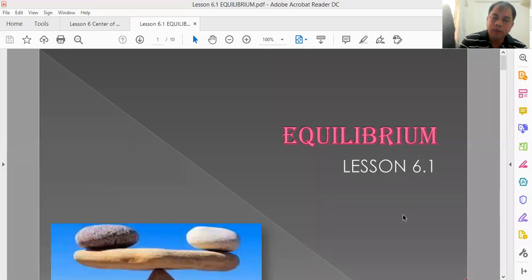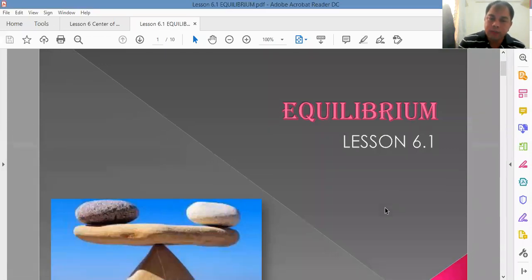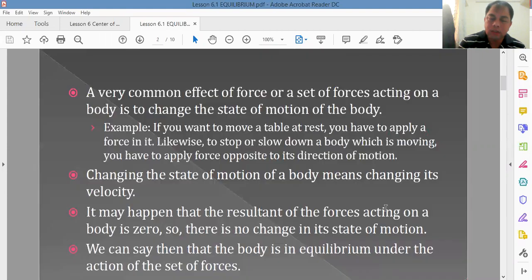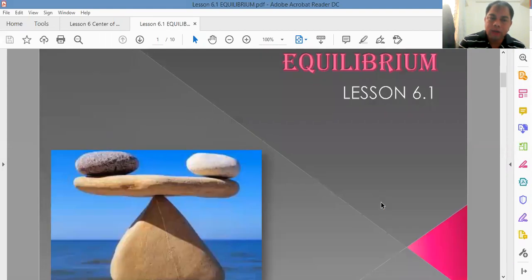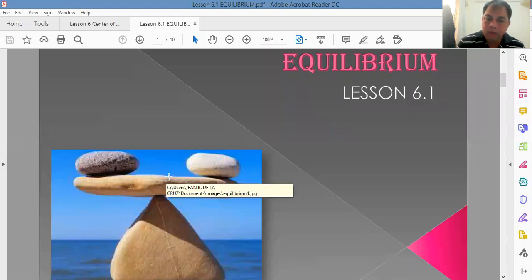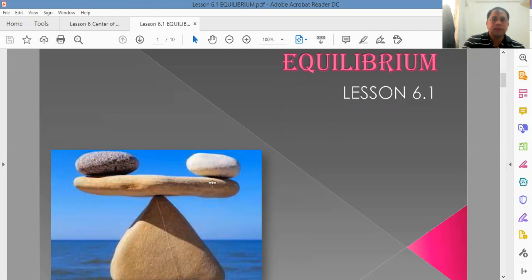So we have here our figure, which is basically a balanced state. We have a rock there. Some guy is fond of creating this. They put up some rocks and they can keep it for so long until somebody disturbs it. So this is a state of balance. How did they achieve the balance of these rocks?